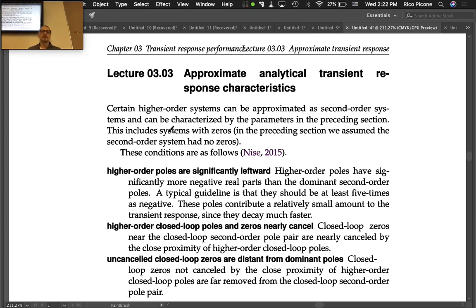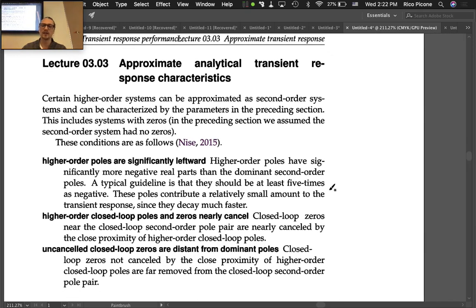In the preceding section, we assumed the second order system had no zeros, so we also will consider that. These are the conditions for the second order approximation, the one that we'll most frequently use, for when that approximation is accurate.